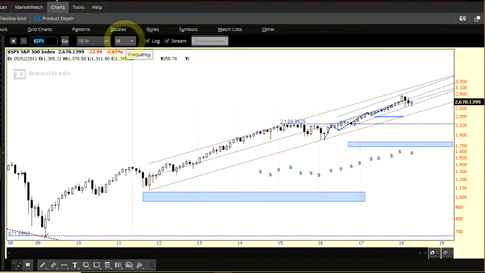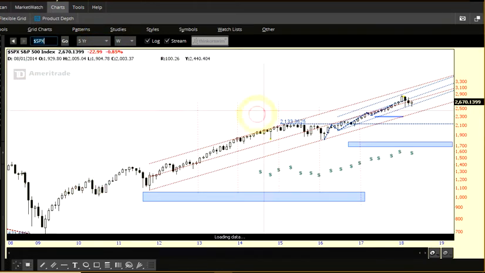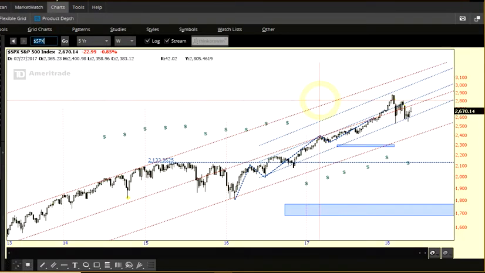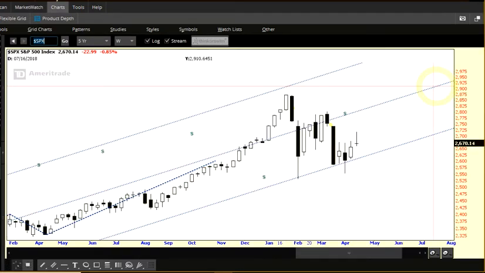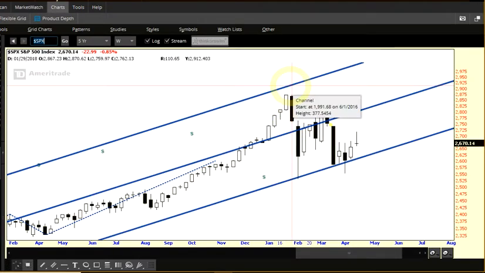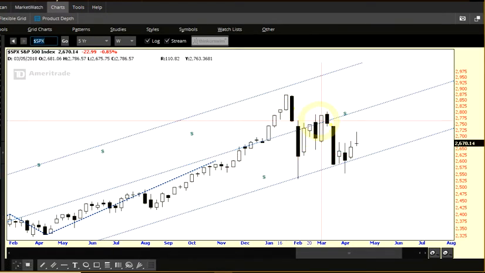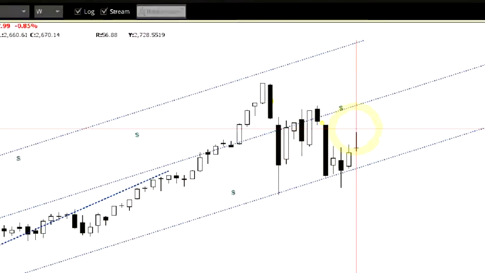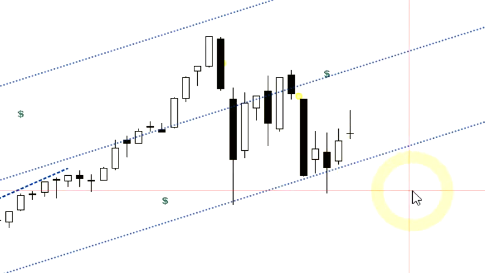But if we go to the 5-year and zoom in on this blue channel inside of the red channel, you can see that we were right on the line. And like I said, we're showing some cracks in this right now, and this is potentially a very bearish candle.